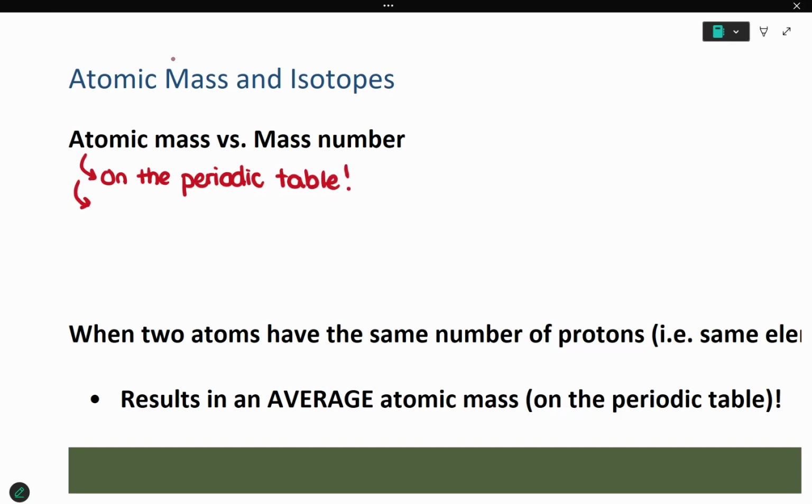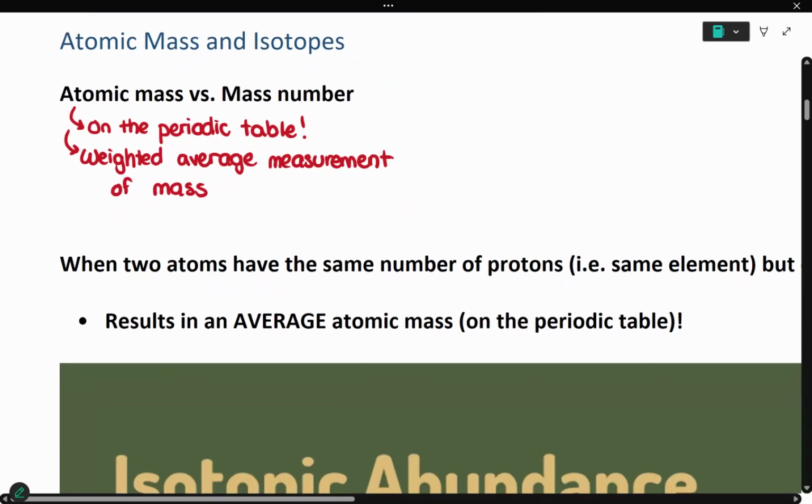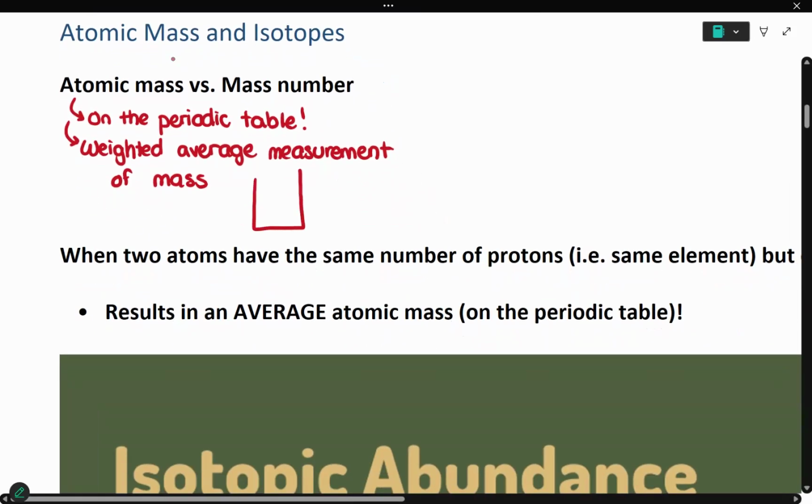And the other thing is that it is the weighted average measurement of mass, right?